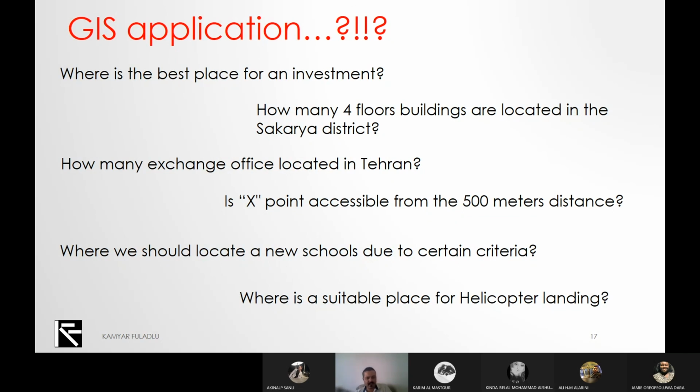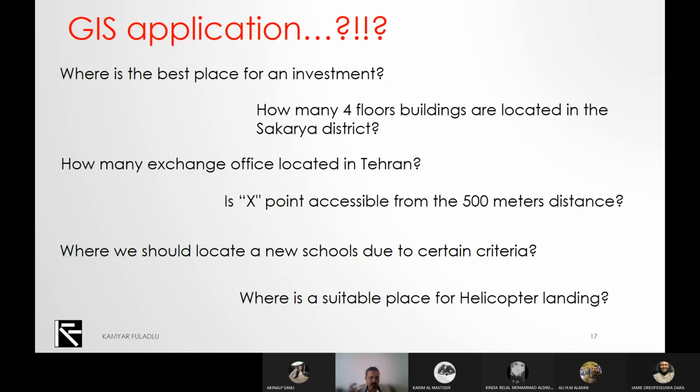As a military, you want to know where is the best place to land a helicopter, or to deliver a parachute. Or as security, you want to, let's say, transfer a very important person from the airport to the parliament.